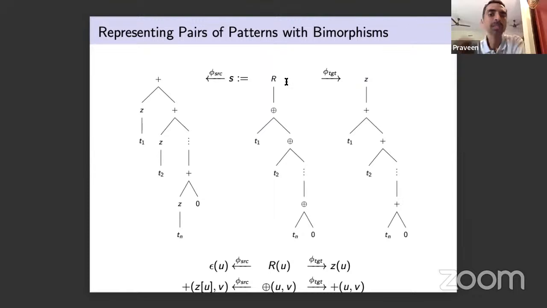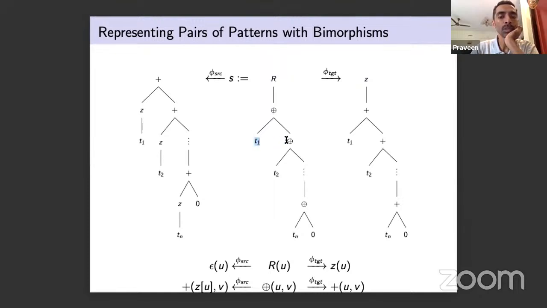Quickly, I can just say that trees themselves are basically an arrangement of letters from a fixed alphabet. For example, here you have R, which is of arity 1, so it is allowed to have one child. Then we have this O plus, which is of arity 2, so it is allowed to have two children.